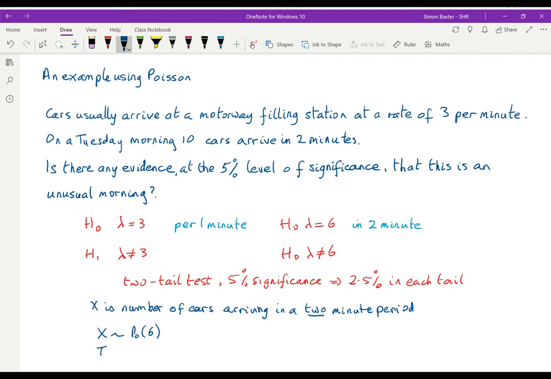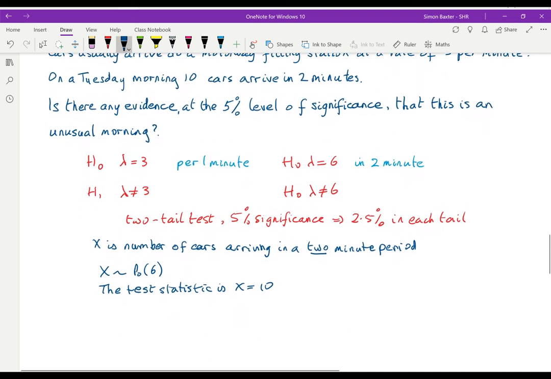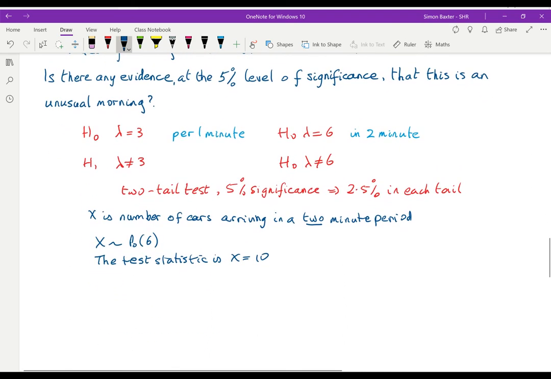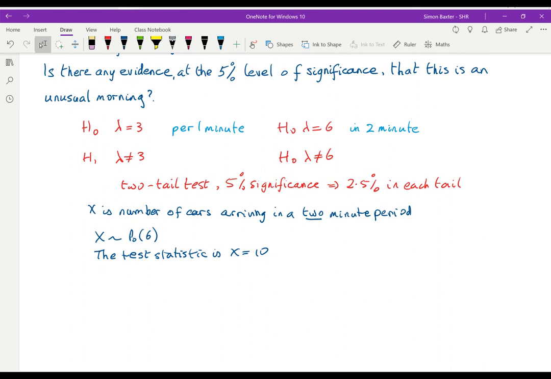The test statistic is X equals 10. Well, 10 is the test statistic. The mean is 6, so we're looking at the upper end. We're looking at the upper tail. So we want to see what happens if we're looking at probability X is greater than or equal to, never forget the equals, 10.